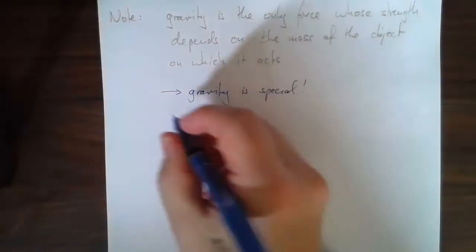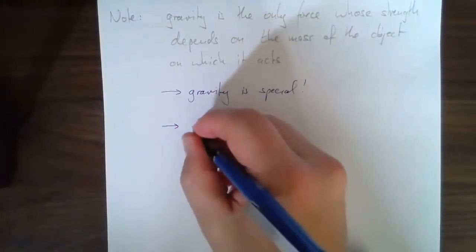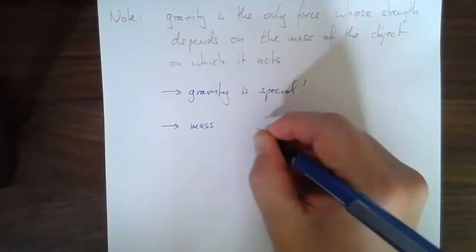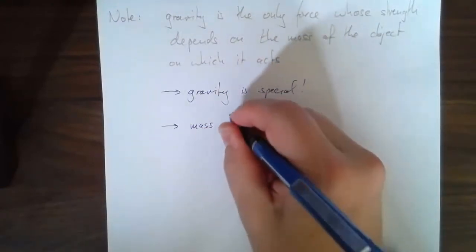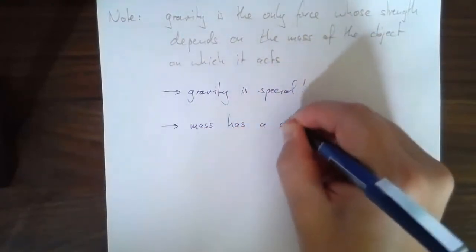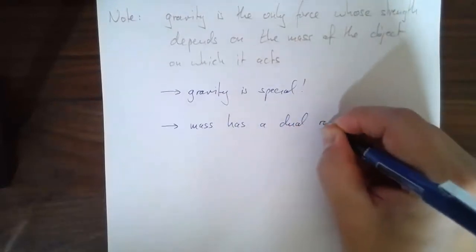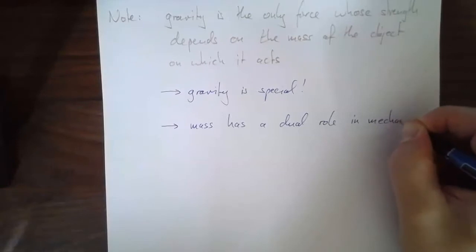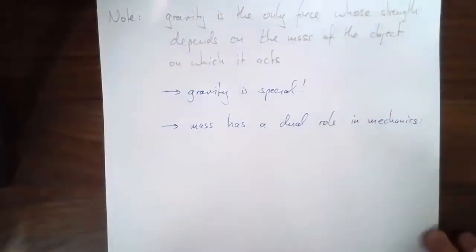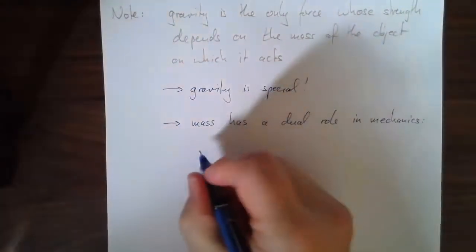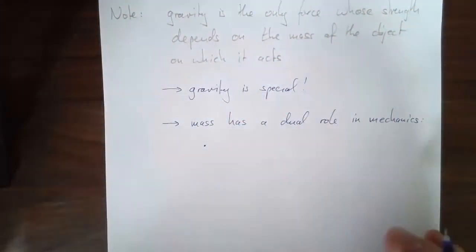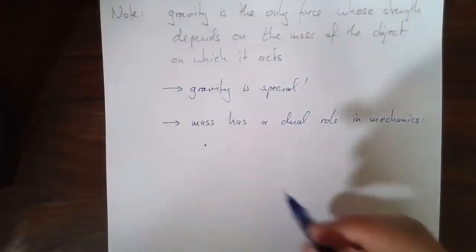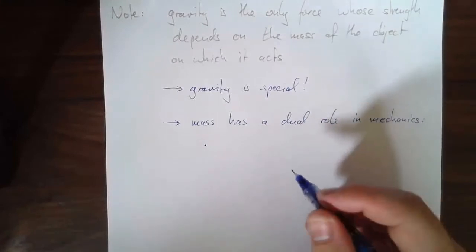And mass seems to have this strange sort of dual property. It has a dual role to play in mechanics. So the first thing it does is it determines the resistance to being accelerated.